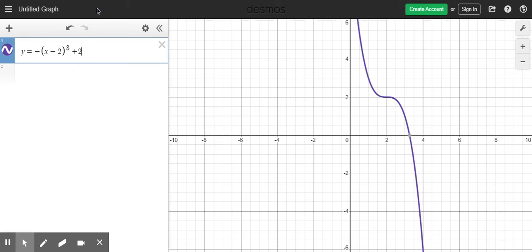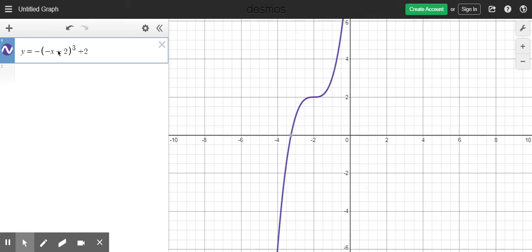If we wanted to reflect it across the y-axis, we could put a negative inside our parentheses. We can replace our x with a negative x.